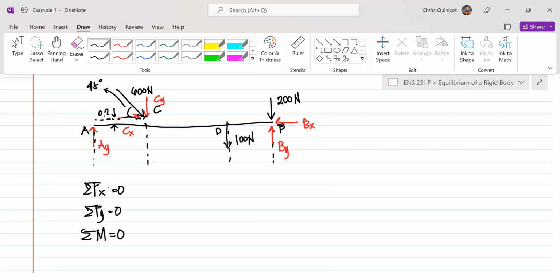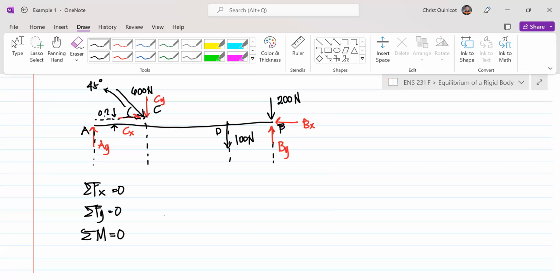So it is best to move to the next equilibrium equation, and that would be summation of forces x, for example. If we do summation of forces x, like I said, only two forces are present: the x component of our 600 Newton and our B sub x. So if we do the summation, we can calculate our B sub x.